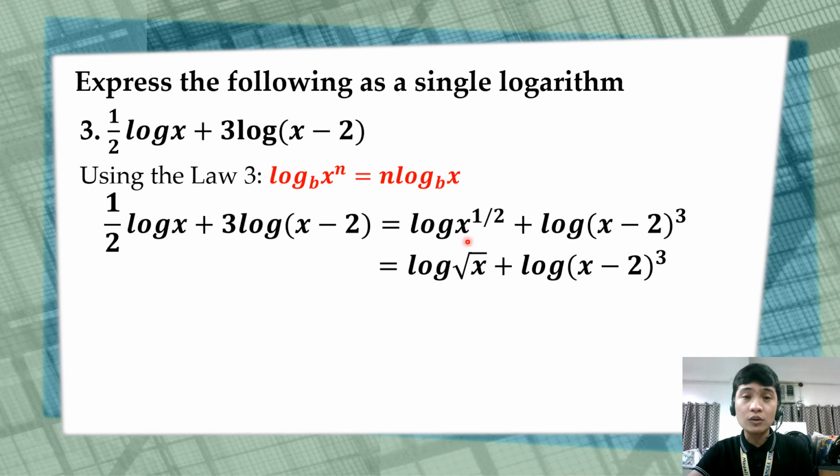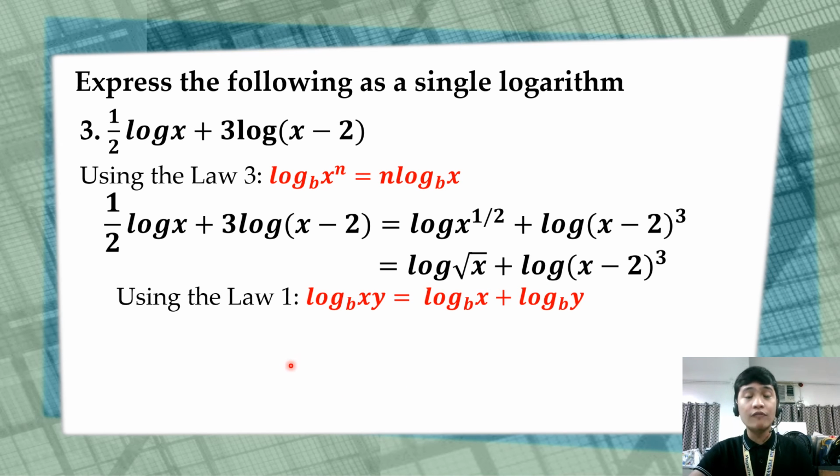So if we express this one again in its full single form, we are going to use the first law of logarithm, which states that the logarithm of xy base b is equal to logarithm of x base b plus logarithm of y base b. So from here, we are going to express this one in its single form.